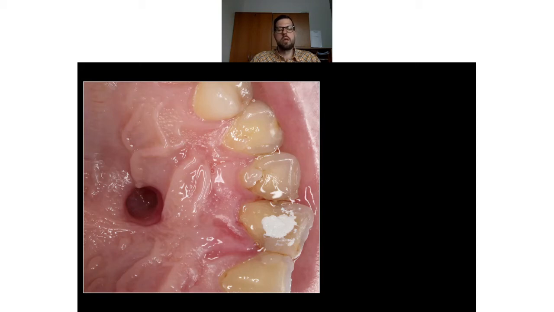So I excochleated it, and the patient was rinsing this place with an antimicrobial solution with chlorhexidine. He did it for 2-3 weeks, and the window closed every day a little bit.